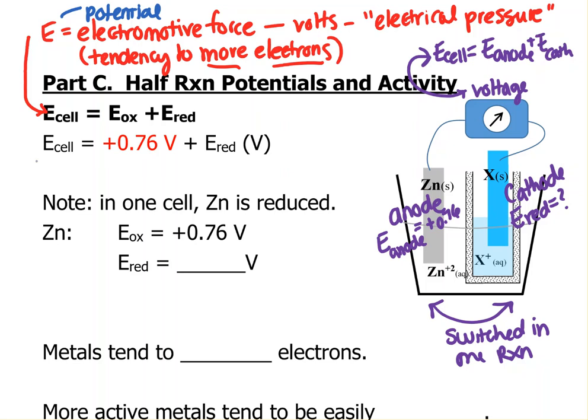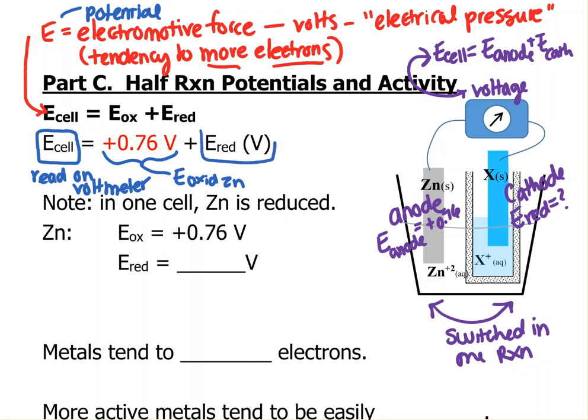So here's what I was just saying: this will read on the voltmeter. This you can look up on a table. This is the oxidation potential for zinc.